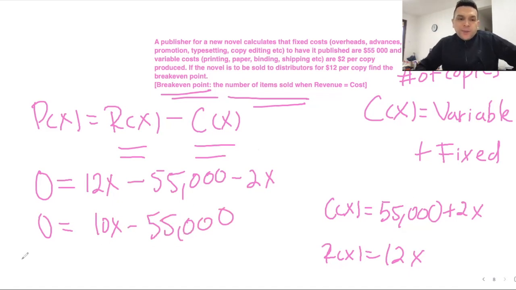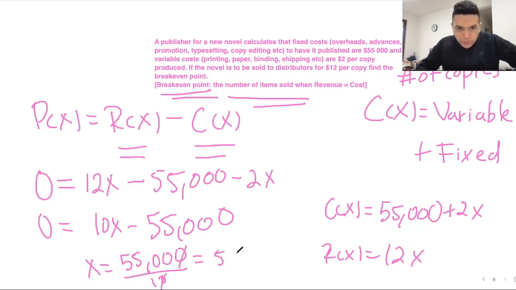So I send this 55,000 to the other side, and I divide by 10. So x equals, this will be positive, so it'll be 55,000 divided by 10. So you just cancel one 0, and then we get 5,500. All right, so at 5,500 copies this publisher will be breaking even, okay?